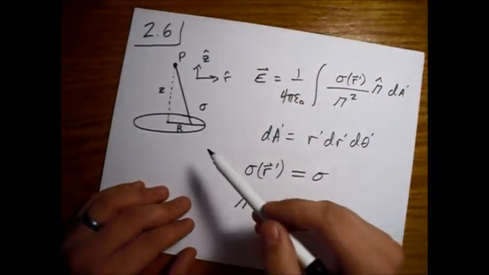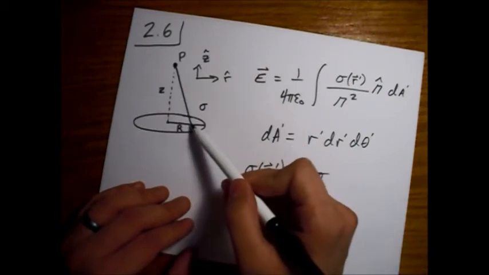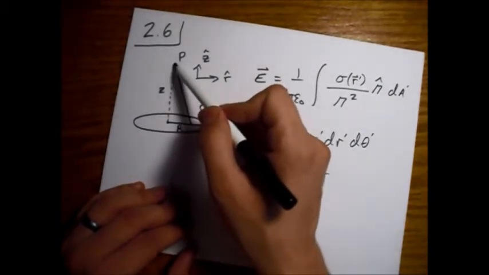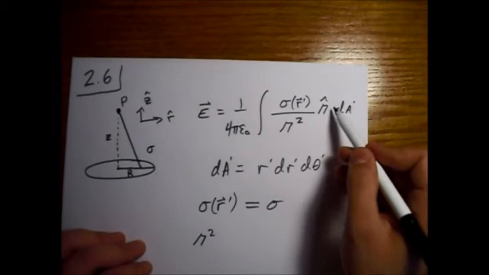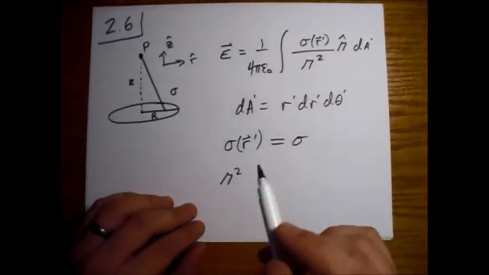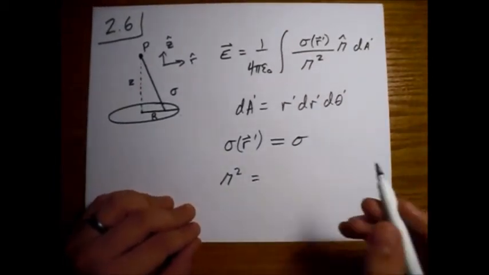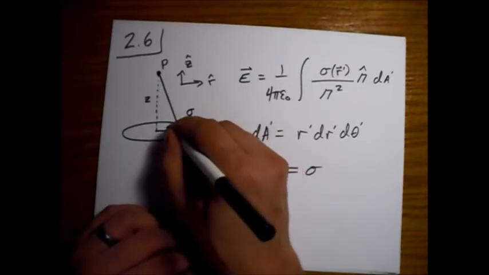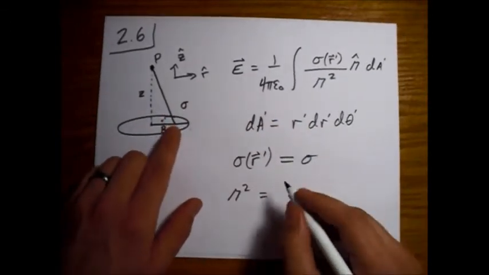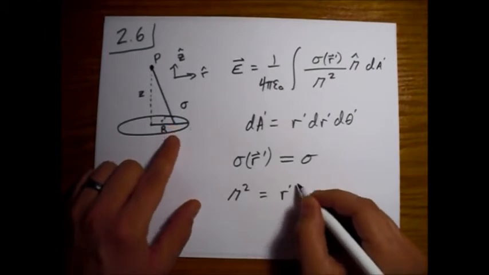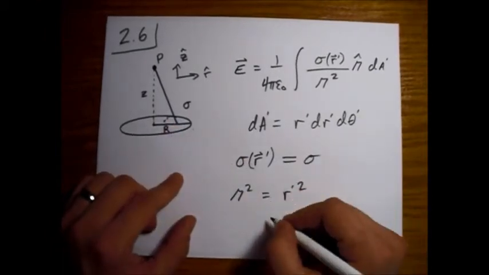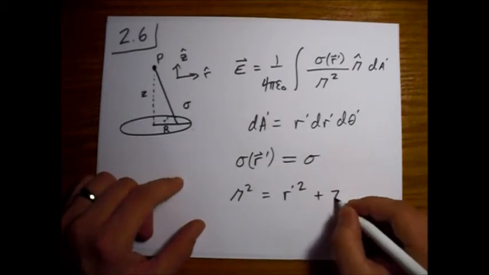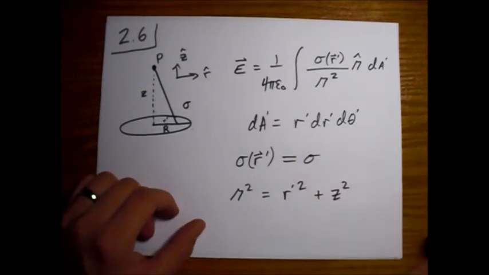The direction unit vector from the source point to the field point is this cursive r hat. But anyway, this distance here is just going to be an r prime. So cursive r squared is r prime squared plus z squared.